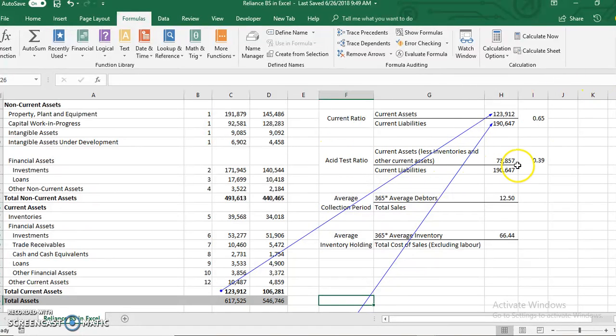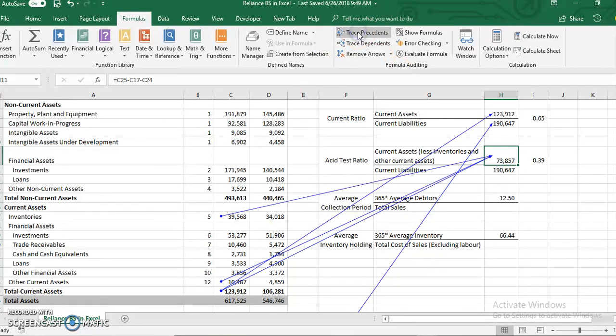Now, the asset test ratio means the current assets minus inventory and other current assets which you cannot readily convert into cash. So it is current assets minus the inventory: the short-term investments, receivables, cash, small loans, small financial assets.